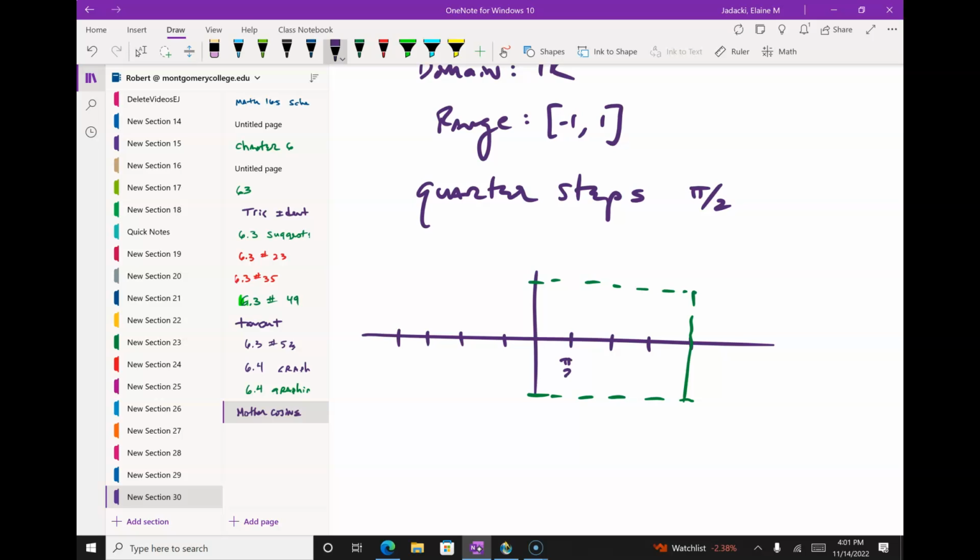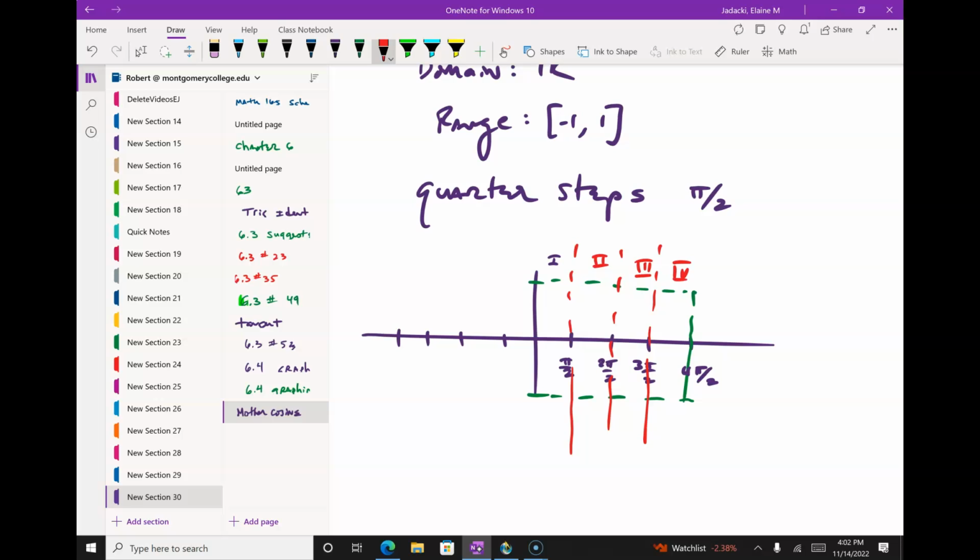So I've got 1 pi over 2, 2 pi over 2, 3 pi over 2, 4 pi over 2, right? Those are my quadrants. You can see quadrant 1 here, quadrant 2, quadrant 3, and quadrant 4.